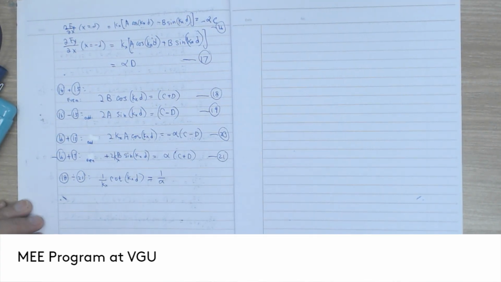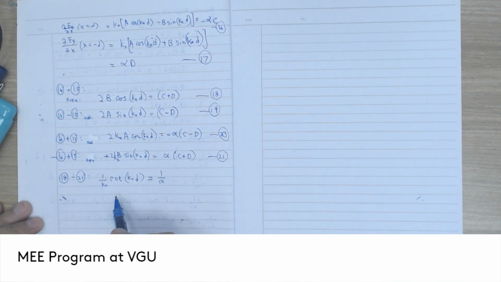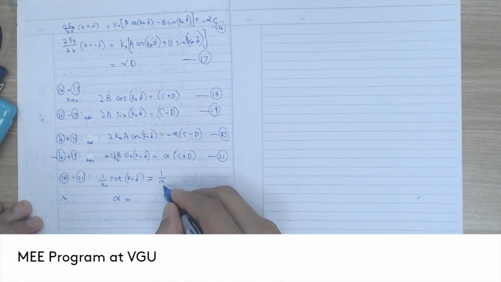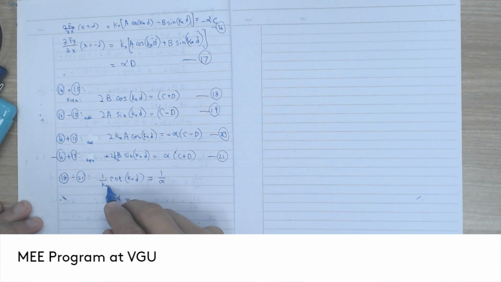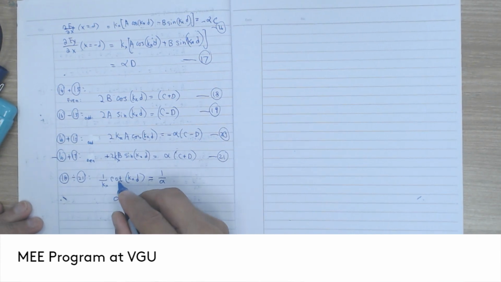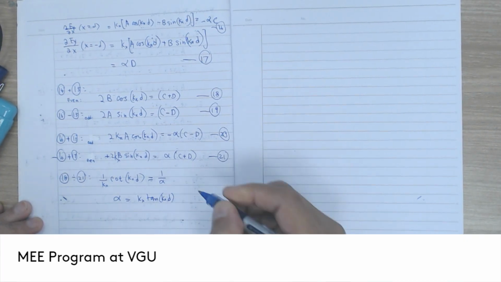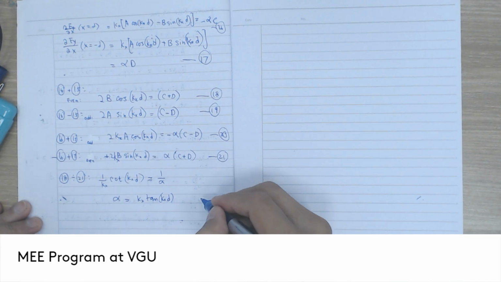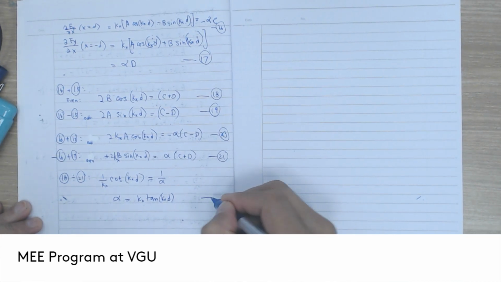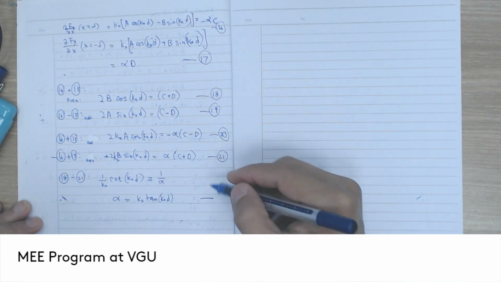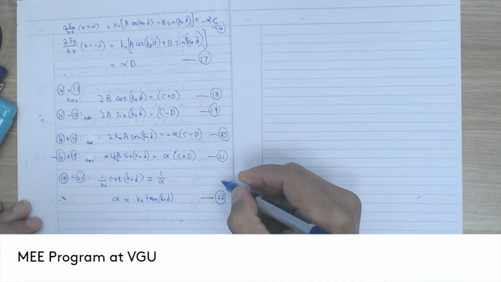Yeah, the magnetic field is not the same as the electric field. So we got this equation. Now we just do a little bit of manipulation. Alpha moves to the left, and kx moves to the right, and cotangent moves to the right. So this is the number one characteristic solution for the symmetric dielectric waveguide. So 22, it is an important one.